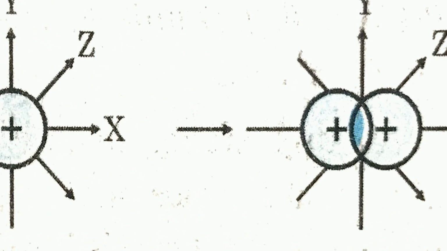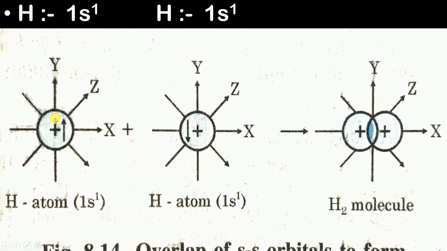So basically, when atomic orbitals of two different atoms, in this case two different hydrogen atoms, overlap with each other, what we get is a covalent bond. So this overlapping leads to the formation of a covalent bond.